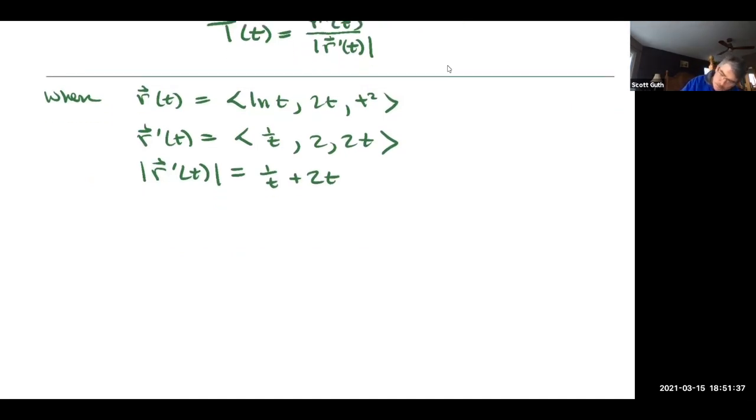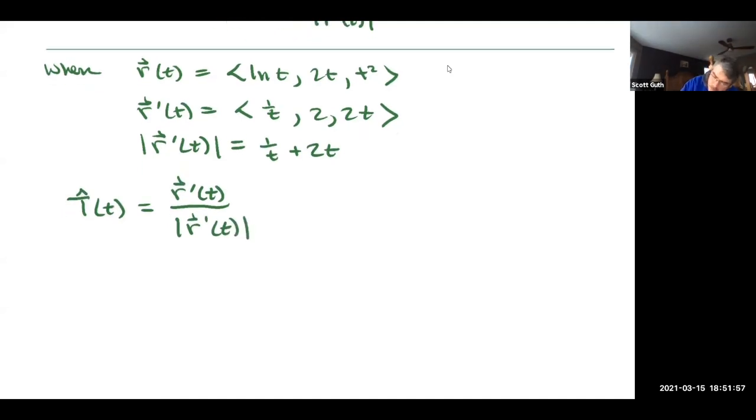And so when we do T of t, we put a hat on, get it all dressed up. So we do r prime of t over the magnitude of r prime of t, like that. So that's going to be 1 over t, 2, 2t over 1 over t plus 2t. This is an improper fraction. I don't like those.